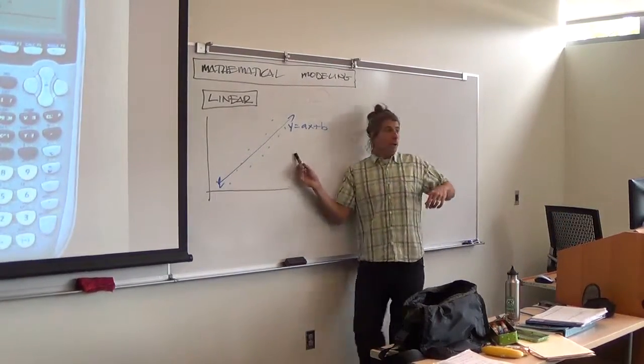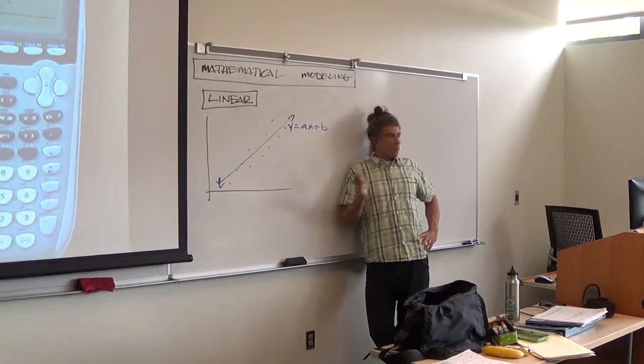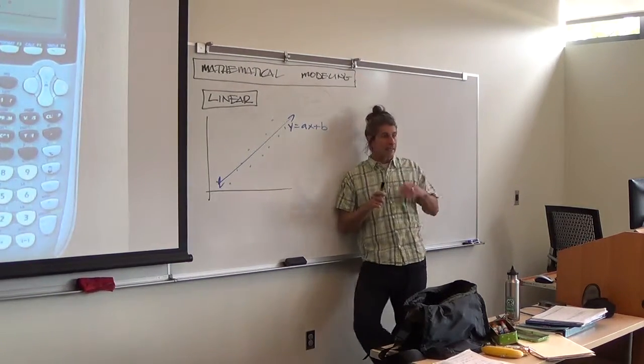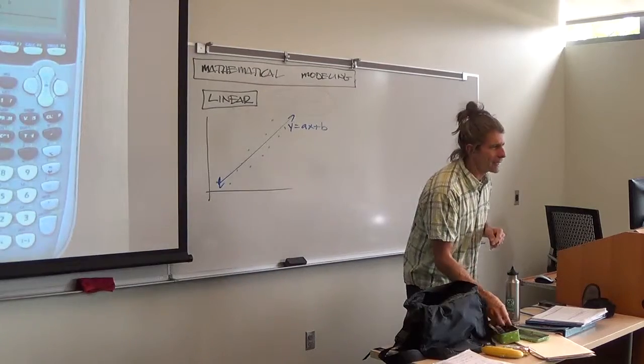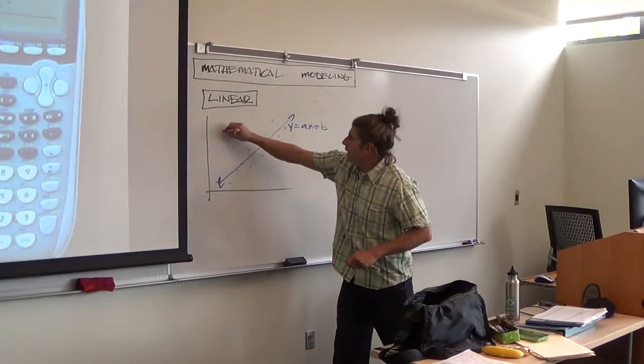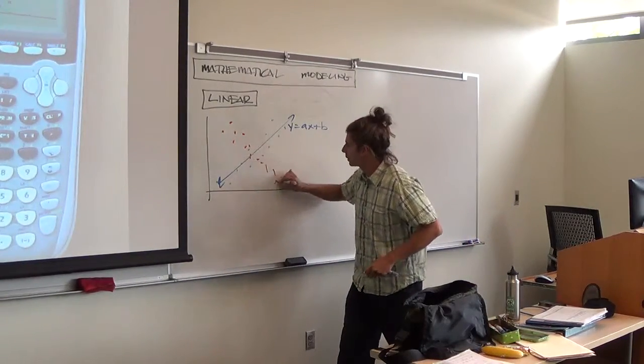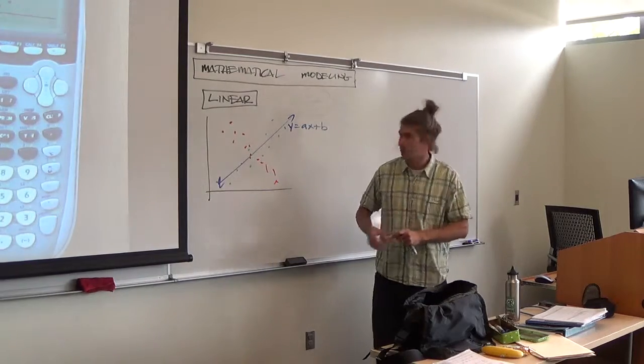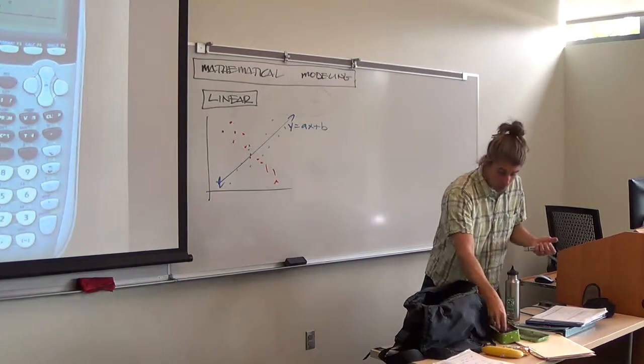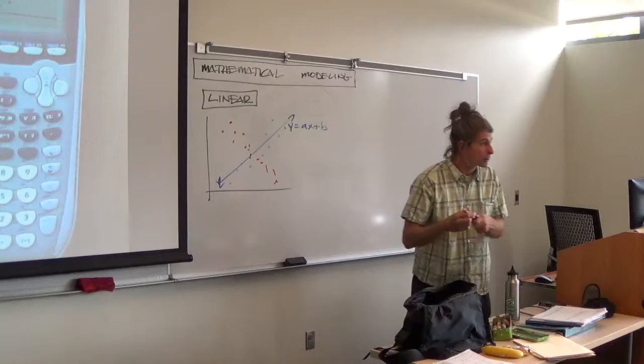Anyway, all the data we looked at up till that point looked kind of like this. Now, I don't think we looked at any data, at least in class, that went like this. It's kind of like a horror film, I apologize. But you could have just as easily done that with decreasing data.